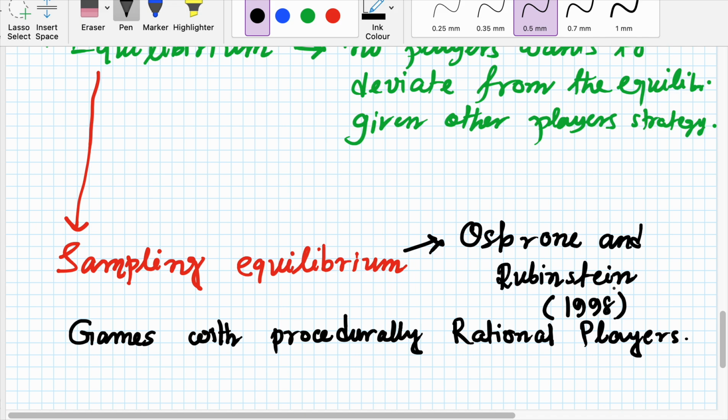Now let us give the definition of this equilibrium.